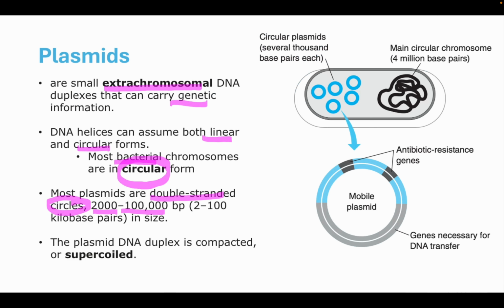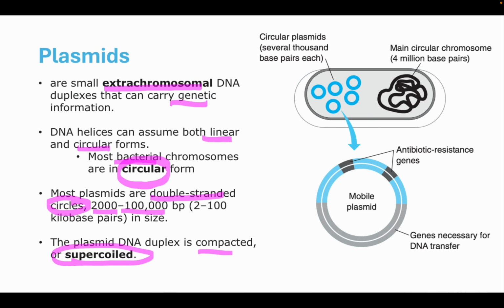That is equivalent to 2 to 100 kilobase pairs in size. And the plasmid DNA duplex is compacted or supercoiled. What is mentioned here is that they are extra-chromosomal, just like your chromosomes.